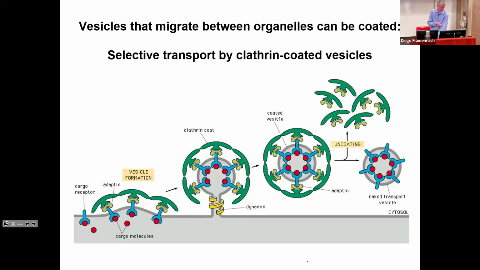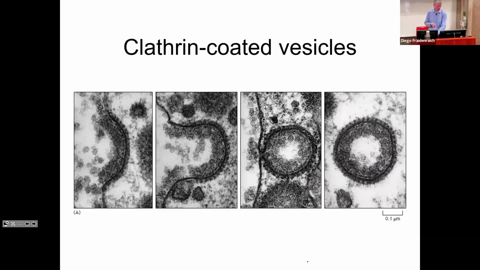One option would be, for example, clathrin-coated vesicles. So here you can see clathrin-coated. This coat is established during budding off, when the vesicle is formed.